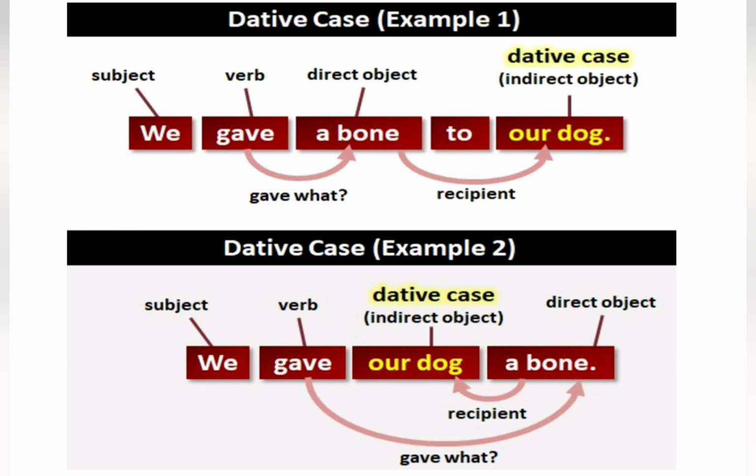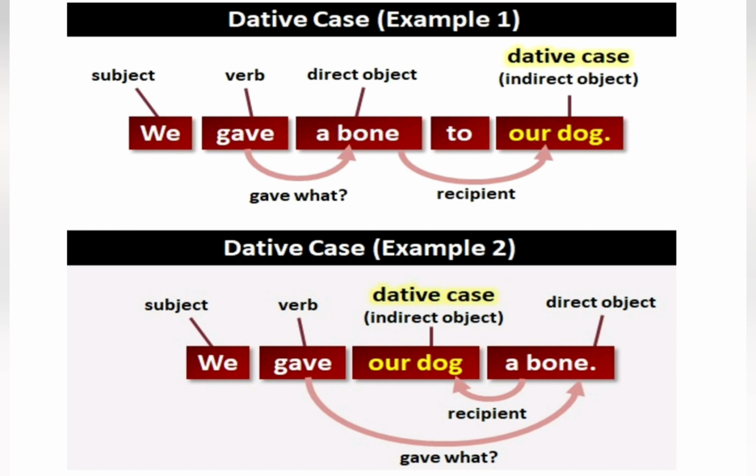Hence, a bone is the direct object of the verb gave. Now, when we ask who received the bone, the answer is our dog. Hence, our dog becomes the indirect object of the verb gave.